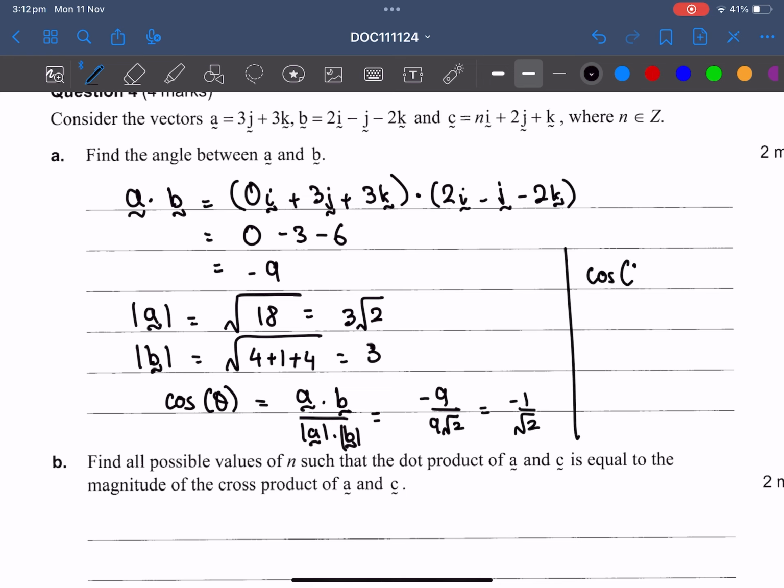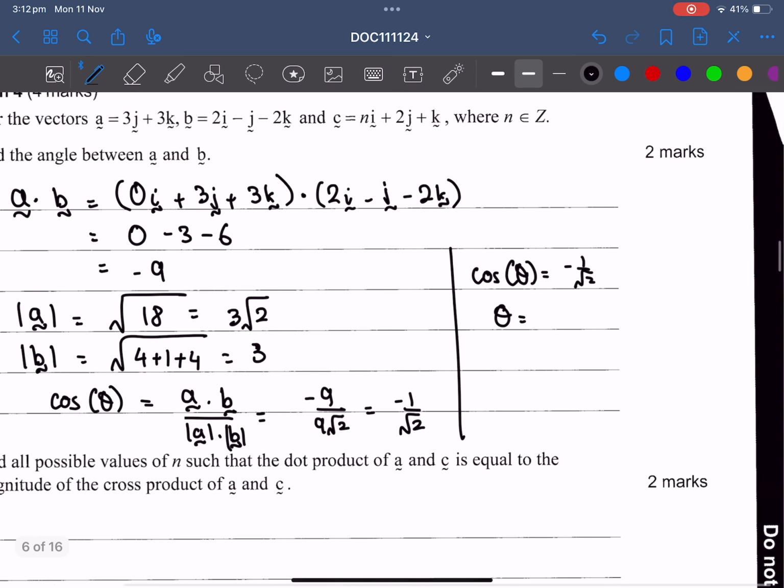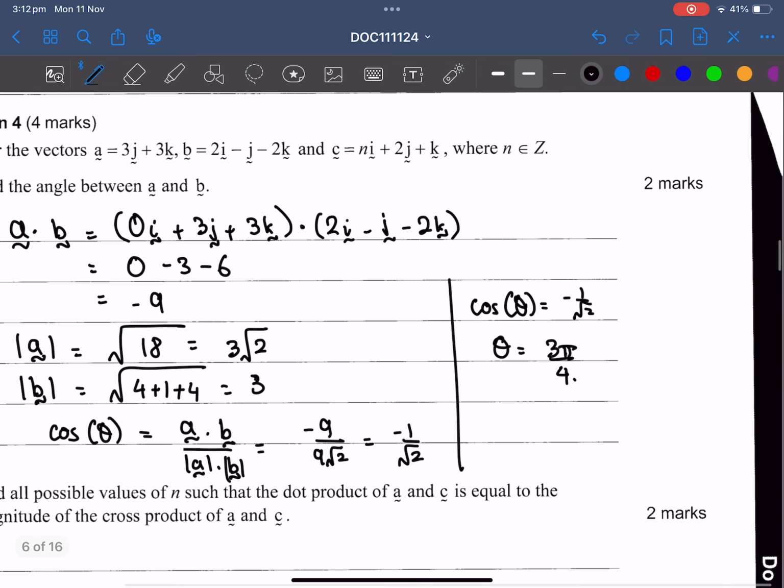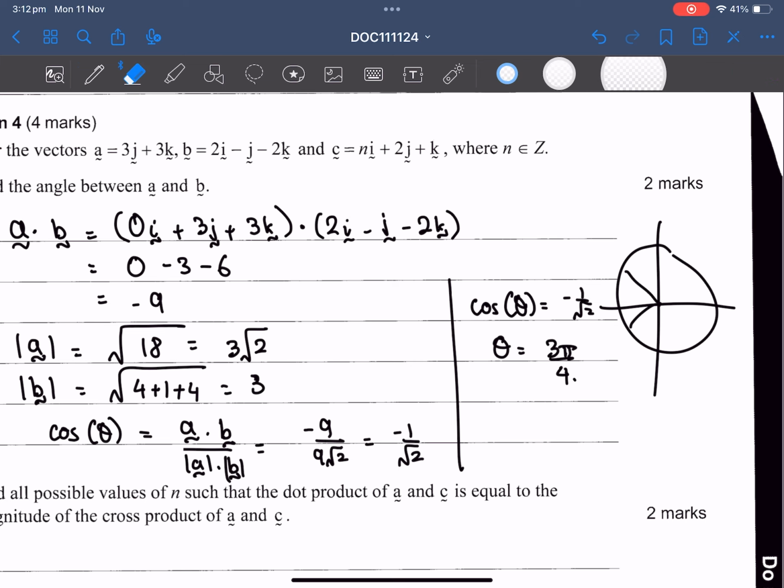So cosine of theta is equal to minus 1 on root 2. So our theta is going to be 3 pi on 4, because in the unit circle, cosine is negative in these two quadrants. So yeah, it's going to be 3 pi on 4.